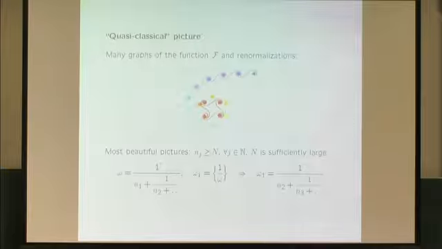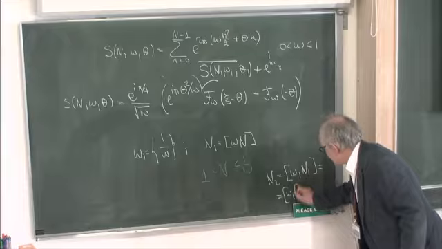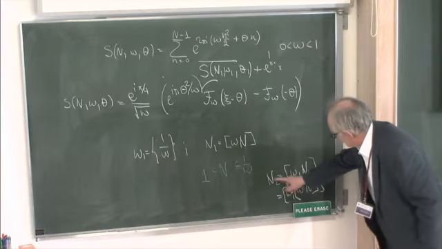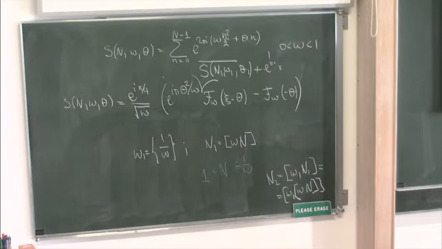Then you see that if n2, which is equal to the integer part of omega 1, and n1, which is equal to the integer part of omega, if n2 is 0, then actually your sum is described by two combinations, as a sum of two combinations of the functions f.